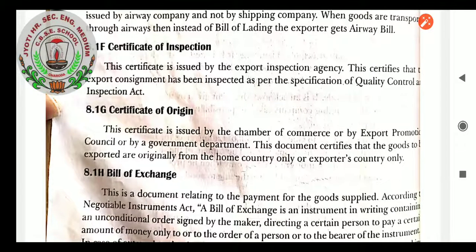If the exporter has produced the goods in their own country, only then will they get the certificate of origin. In some cases the exporter imports goods from other countries so as to export to other countries. In that case, they do not get a certificate of origin. It is given only to those producers who produce the goods in their own country and deliver them to other countries.